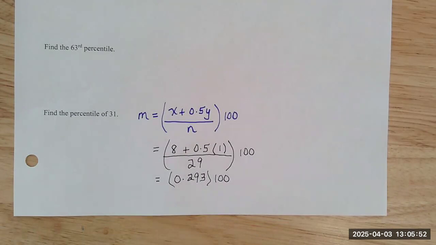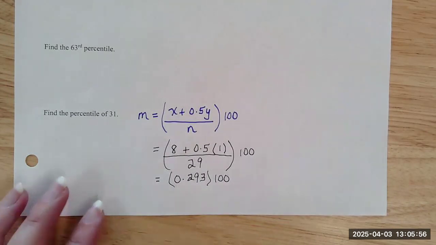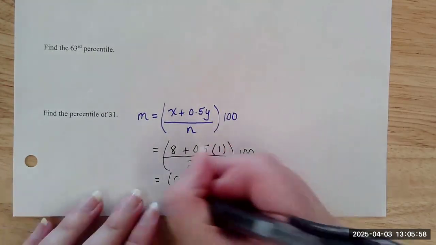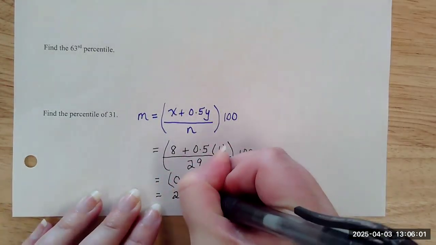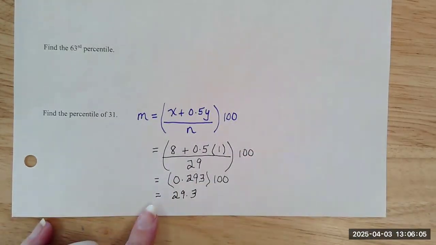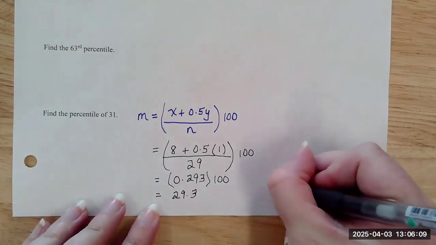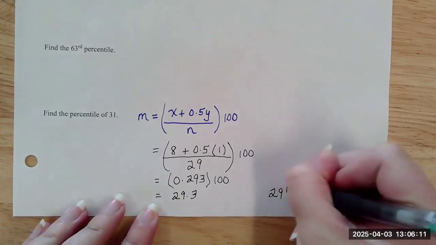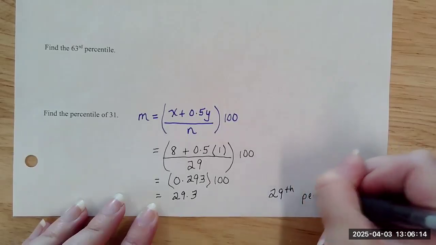So it's going to be 29.3. It says round it to the nearest whole number. Because it's a 3, not a 5 or bigger, we're going to say this is the 29th percentile.